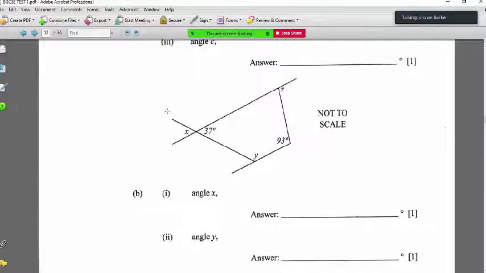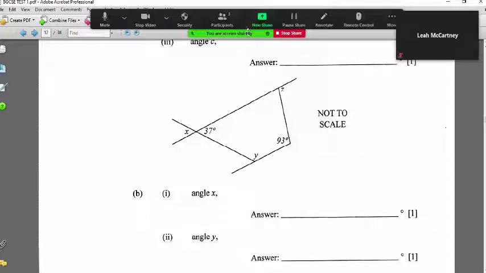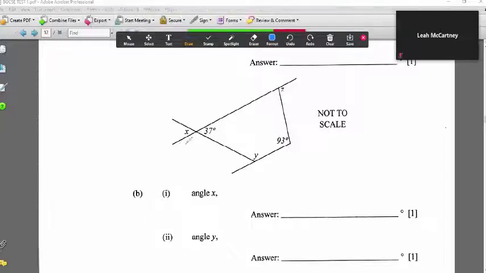Okay, so let me put the annotations on here so you could see. Because these are parallel here, right? This line and this line are parallel, right? And this line dissects them. Therefore, this angle and this angle are the same. These two right here, those are the same.